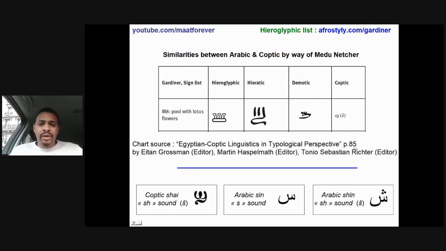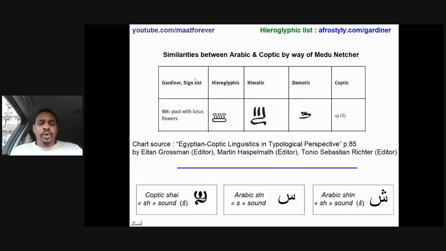I think the title is a bit longer, but for the sake of space and clarity, I have shortened it that way. The book is by Eitan Grossman, Martin Haspelmath, and Tonio Sebastian Richter. Those three individuals are the editors.